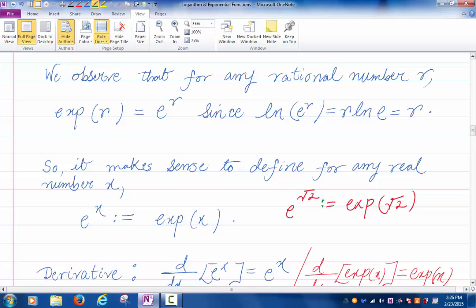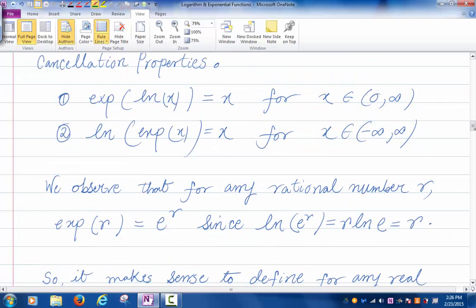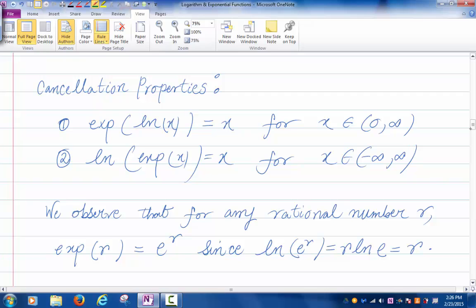Is it clear? Now, having said that, for these two properties 1 and 2, it's important that you write them in terms of e. So number 1 now means e to the ln of x is x. And number 2 means ln of e to the x is x.